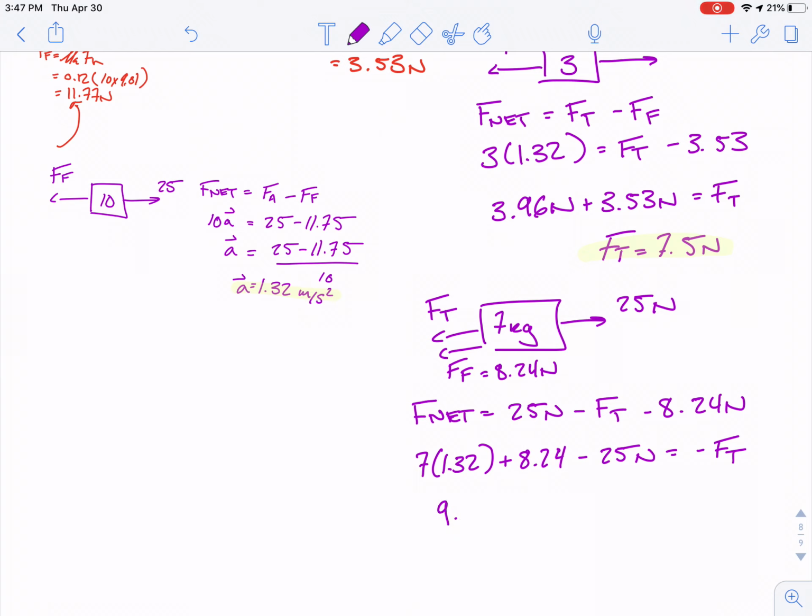So 9.24 newtons plus 8.24 minus 25 equals negative FT. So FT is still going to equal 7.5 newtons. This is going to be negative, but we're going to divide by minus 1. Okay? So that's a multi-step problem.